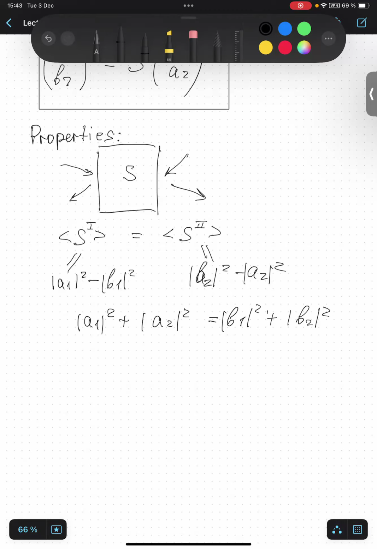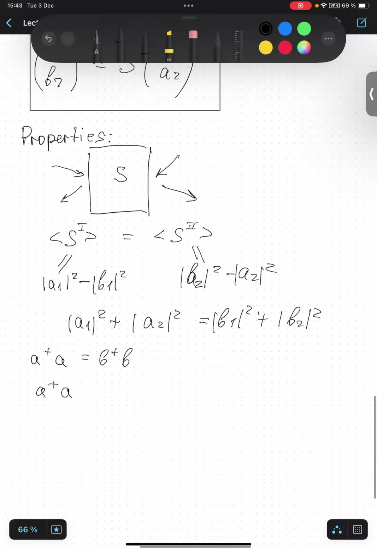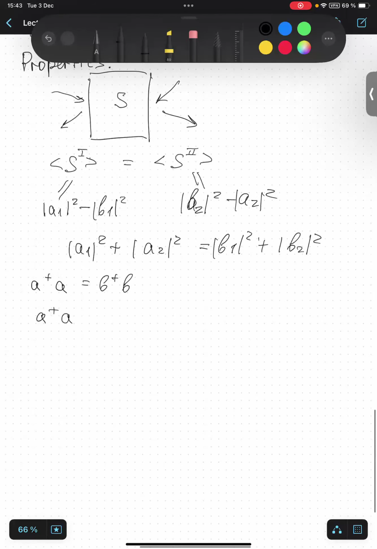Or in other words, it is related like this. Then we can say that B Hermitian conjugated is just as A Hermitian conjugated.